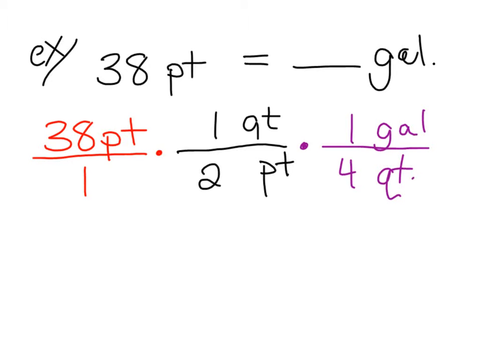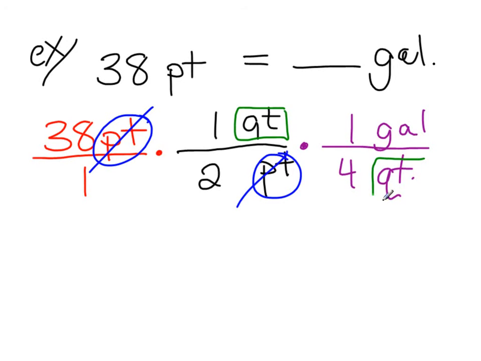And remember, the placement of the units is dependent on what you want to be left with. We want pints gone. So I have a pint that starts in the top from my given problem, I put a pint in the bottom to get rid of it. I had a quart because of my conversion, I don't want it anymore, so I put it in the bottom. And in the end, we're left with gallons.